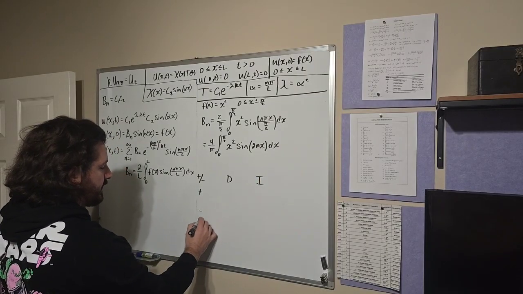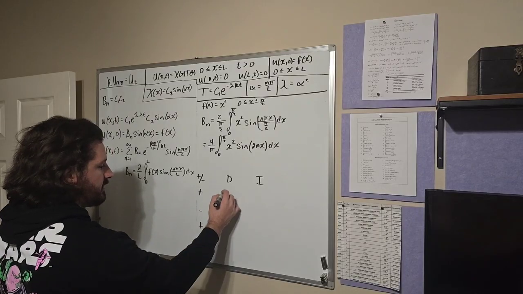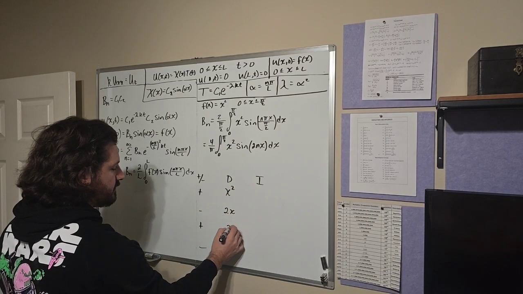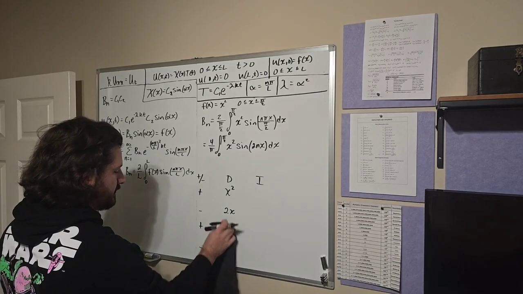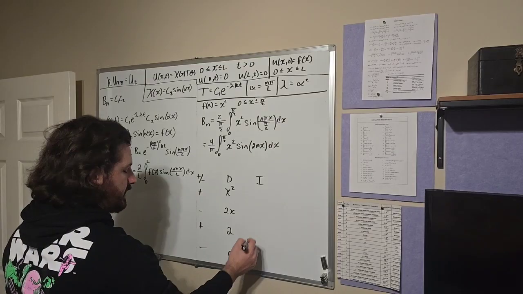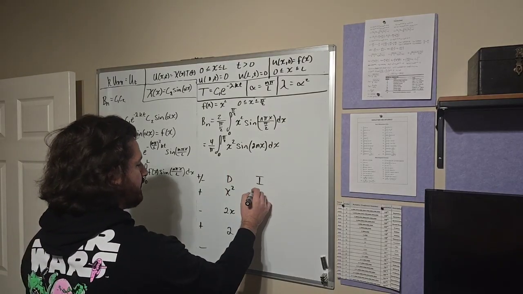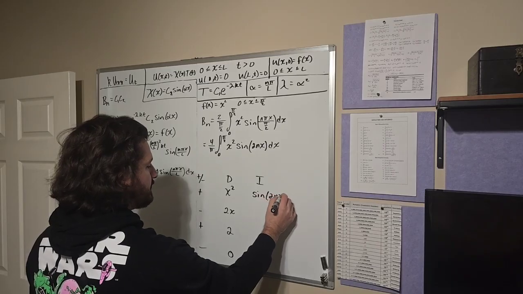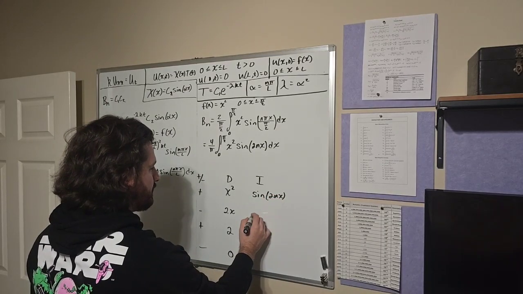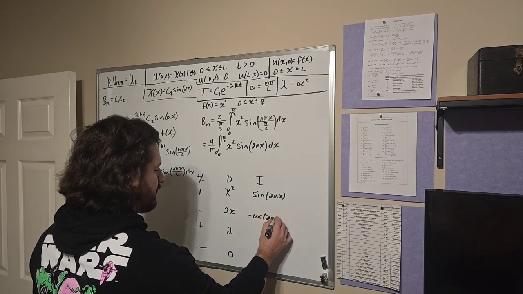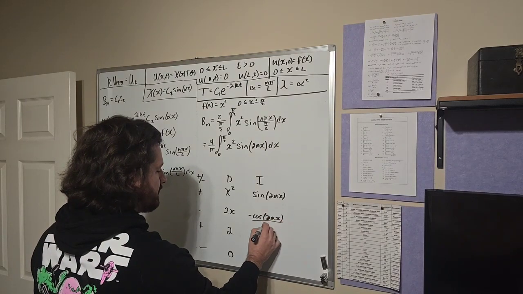So we have plus, and minus, and then our derivatives are x squared to 2x to just 2, and then to 0. And then our integrals are going to be the sine of 2nx piece. And then our first integration becomes negative cosine of 2nx divided by 2n.